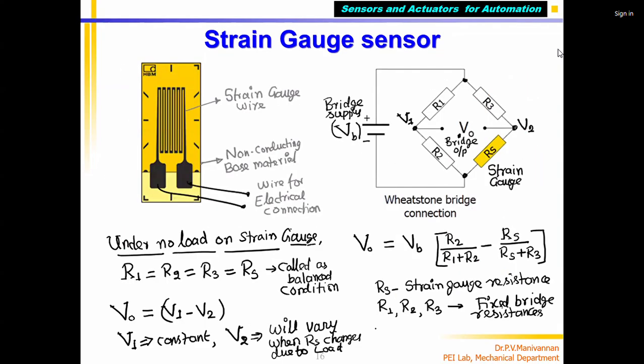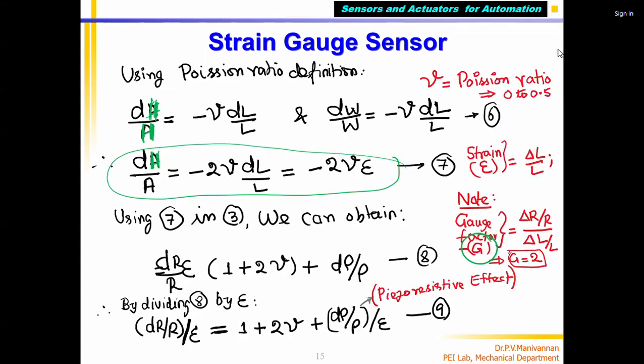Okay, so now we know that we got this equation, correct? By dividing this, we got this equation, and in this equation you can see that this part is called the piezoresistive effect.